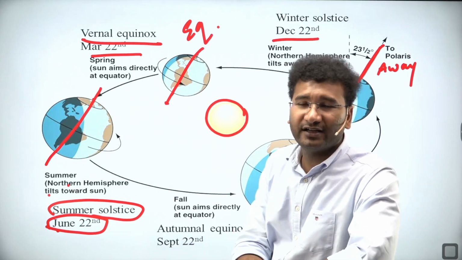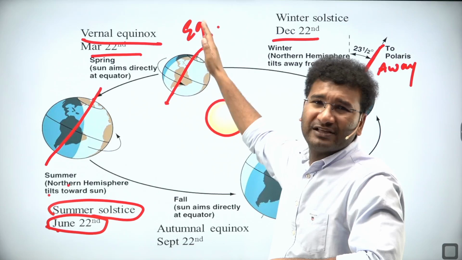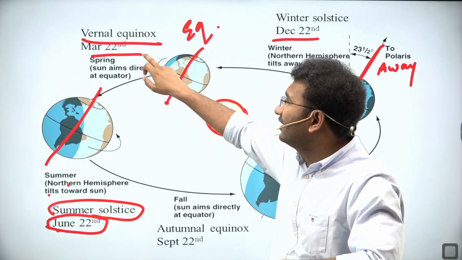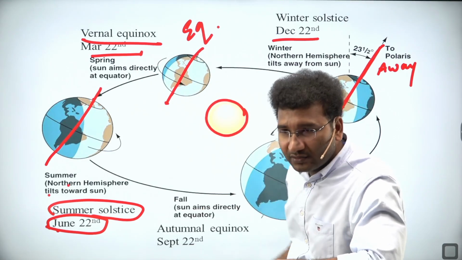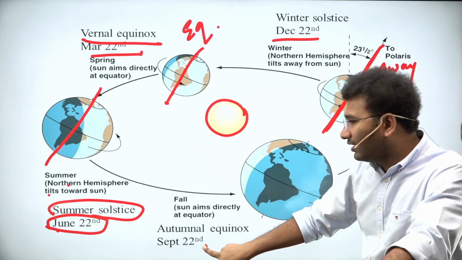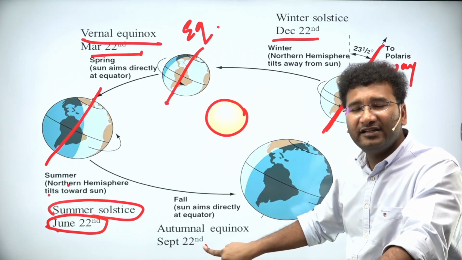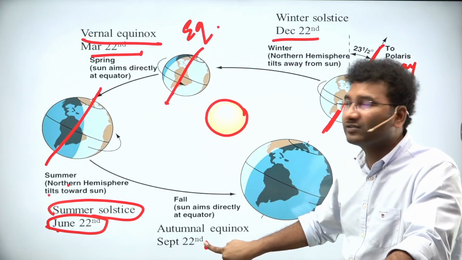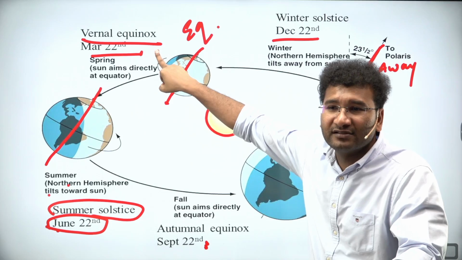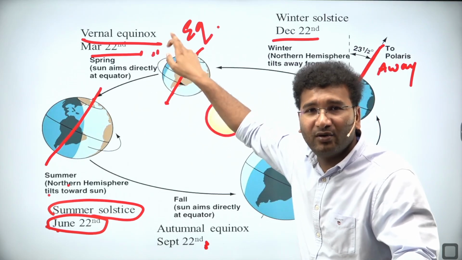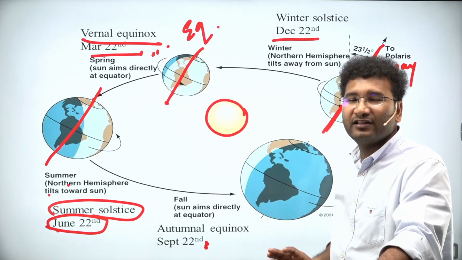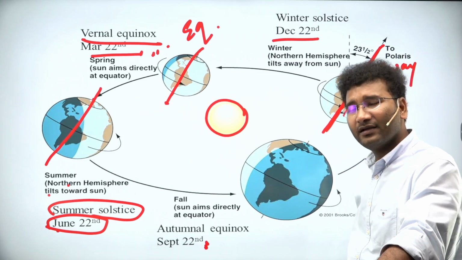You will see this at any place on the earth on the day of March 22nd. Also, 22nd of September is also called an equinox, but this is the autumnal equinox. This is the vernal equinox. And on both equinoxes, you will have equal length of day and night, right?